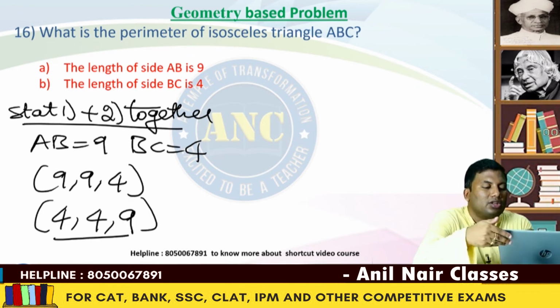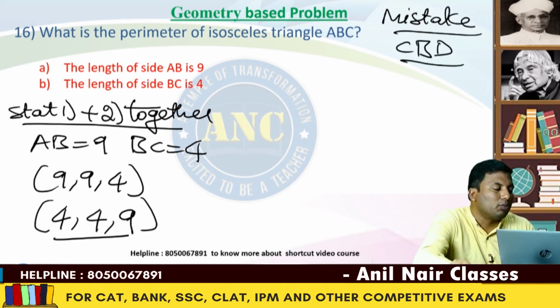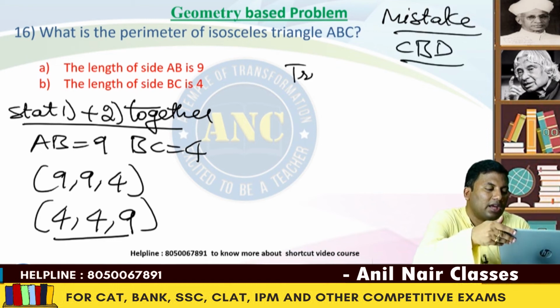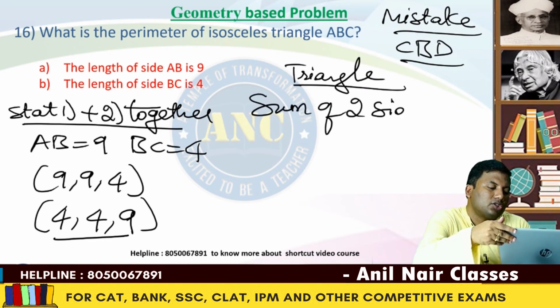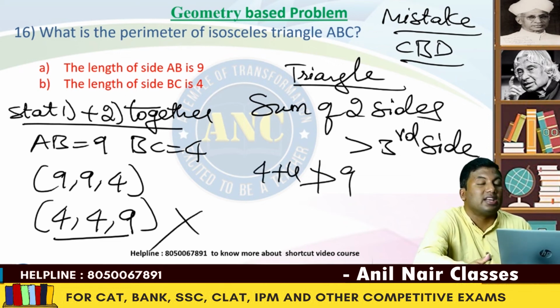Immediately students might tick mark the answer as cannot be determined, because I got two possibilities. But for a triangle, there is a basic property: the sum of two sides should be greater than the third side. 4 plus 4 is 8. 8 is not greater than 9, so it is eliminated.